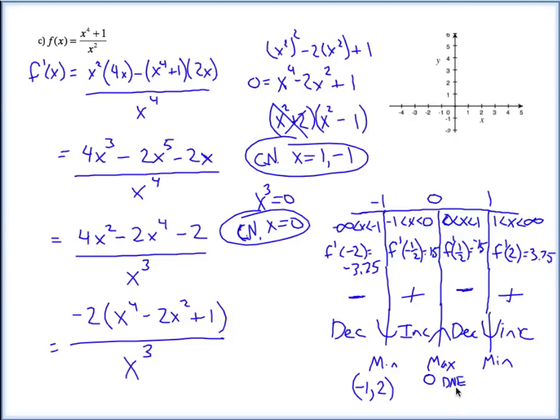Now we remember the first derivative test said that the function actually has to exist here. And if we look, we've already talked about this. If we have an x squared in the denominator, well at 0, we're going to have a vertical asymptote. Okay, so we still needed the 0 because we needed to see what was happening to the function here. But this is not a max or a min. Instead, it's our vertical asymptote.